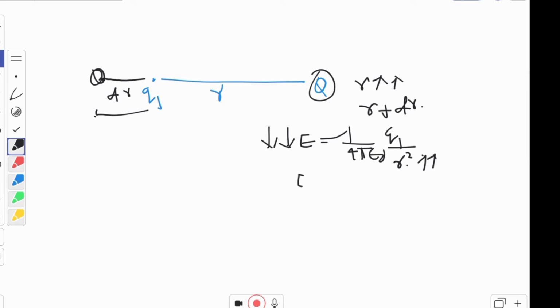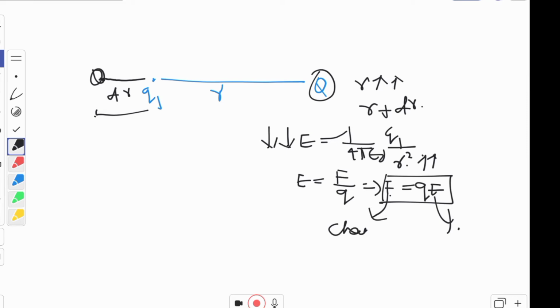Because we know electric field is equal to F by Q, so F is equal to QE. When the electric field is changing, F also changes. This thing we have understood.